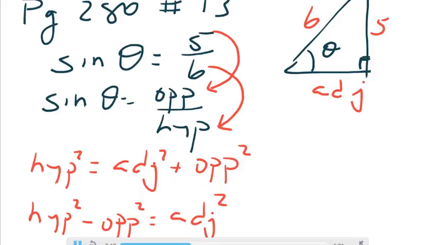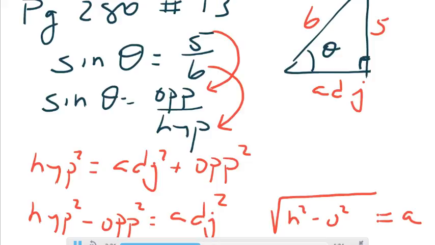Or, square root of h squared minus o squared is equal to a, which is what we're looking for, the adjacent side.